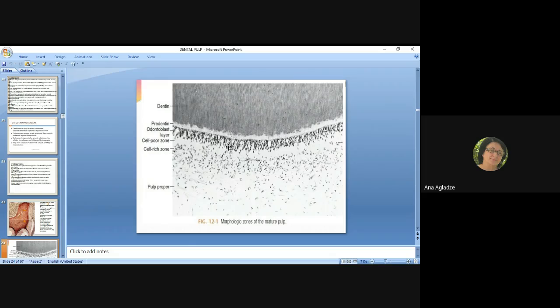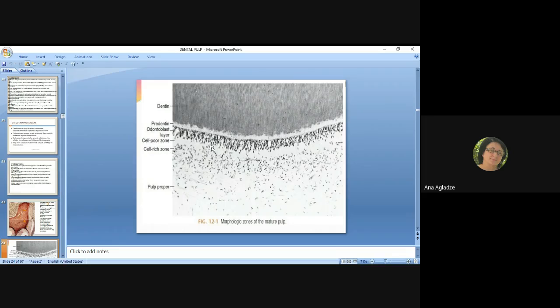And they differ very much from one another, because dental pulp is very soft, very loose connective tissue, and dentin is mineralized connective tissue. The dental pulp consists of cells, intercellular ground substance, fibers, nerves, blood vessels, and lymph vessels.